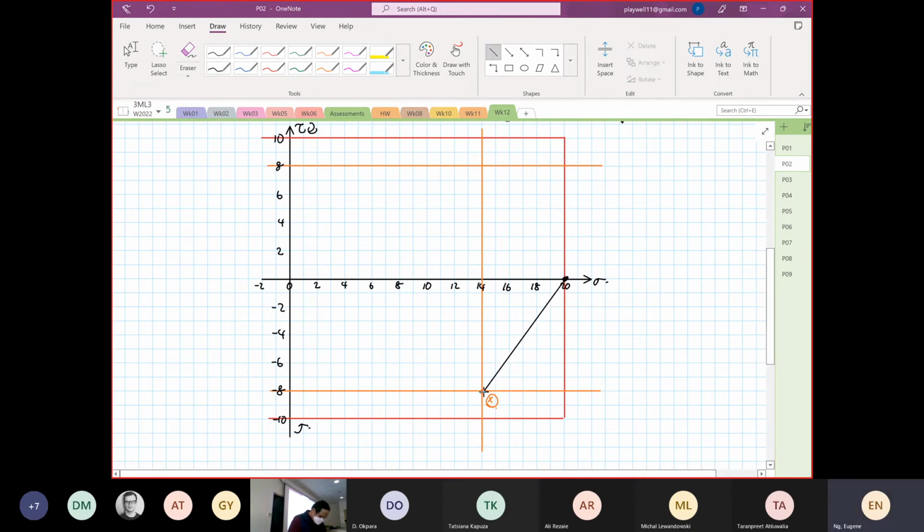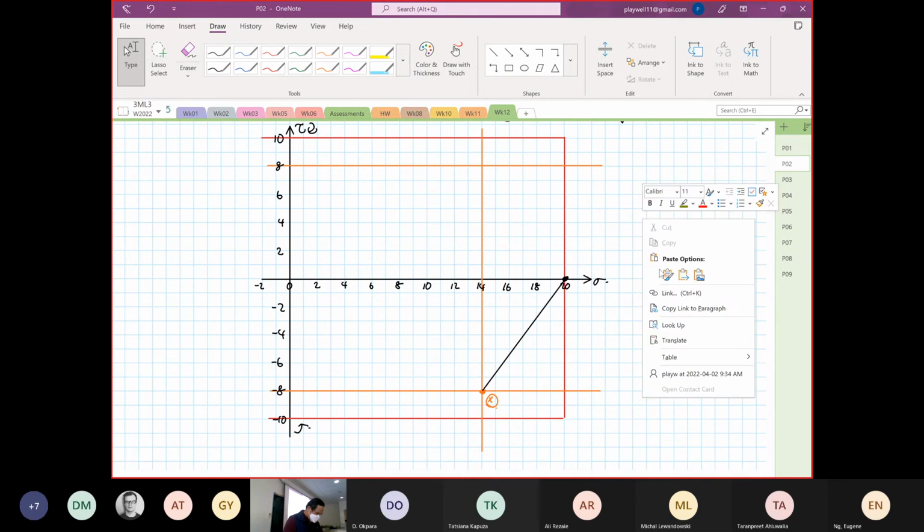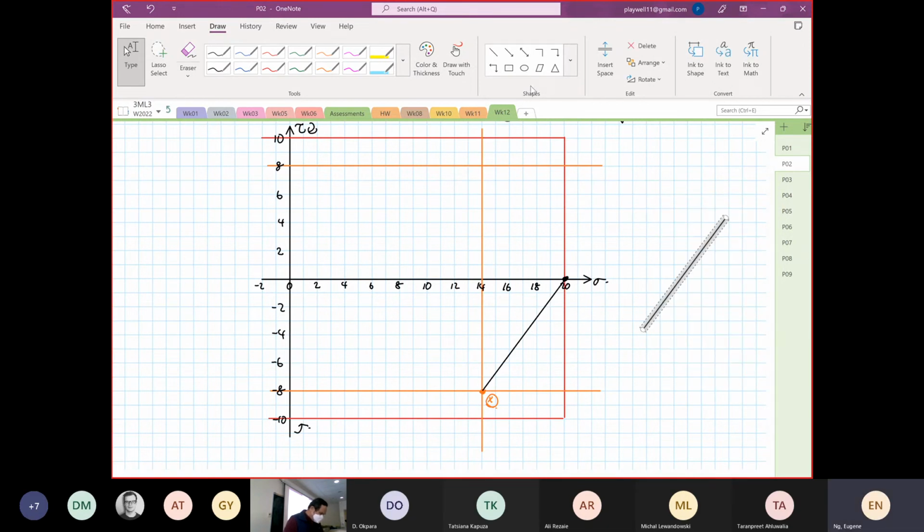to here as a single line. Okay. Then by applying the rules of the circle, I'm going to take this line and I'm going to rotate by 90 degrees.